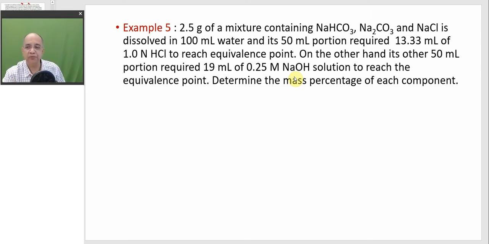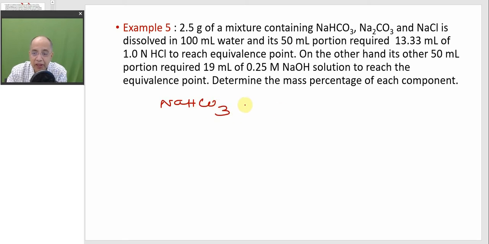Take it from me. Now here is a very interesting situation where there is no mention of any indicator. You can understand what indicator would have been used. But this is completely a different situation here, that sodium bicarbonate has amphoteric nature.